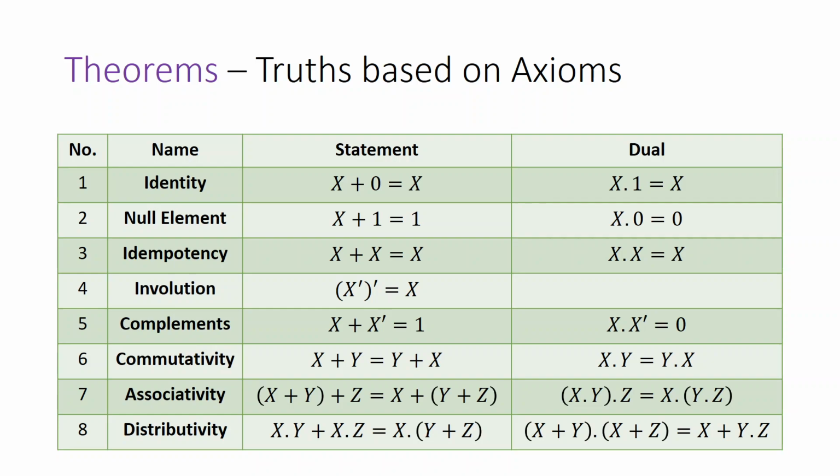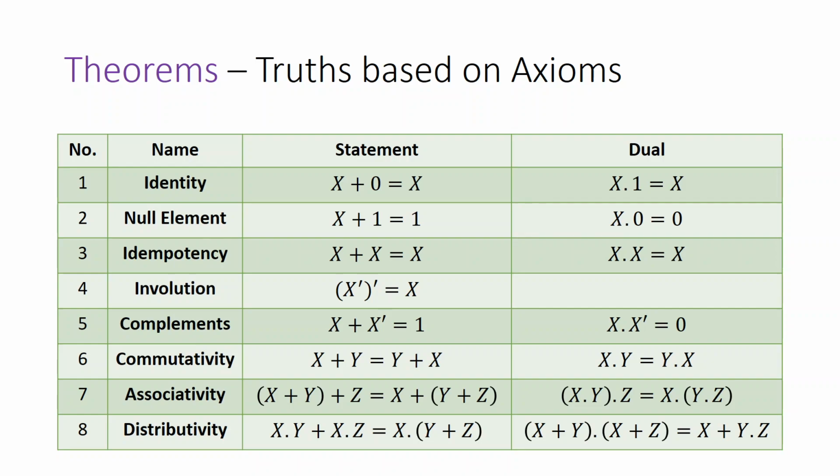Now to verify all these theorems, if you are asked to verify them, what you can do is verify for both the values that are available for this variable. You can have only 0 or 1. So you use 0, you establish that the equality holds. Then you use 1, you establish that the equality still holds. So the equality holds in general for the variable x.